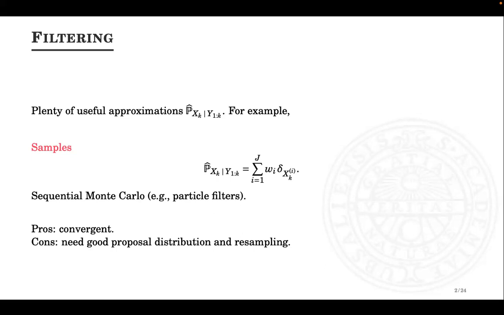But the problem is that in practice we need good proposal distributions in order to have efficient sampling, because sequential Monte Carlo uses sequential importance sampling. Another problem is that inevitably we might need to use a resampling scheme so that the weights do not degenerate, and this might introduce some additional variance in your estimate.